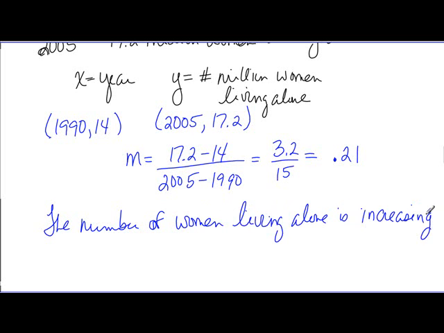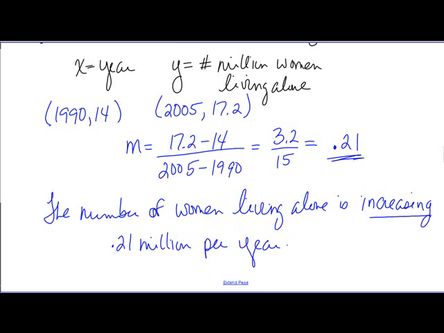Another way I know that it's increasing is because that slope value is positive, increasing 0.21 million per year. So another way to think about this is the slope kind of tells us how fast the number is increasing, or in the previous example, how fast the number was decreasing.